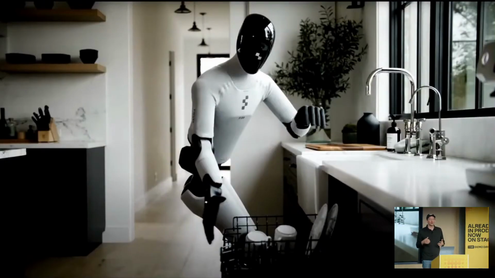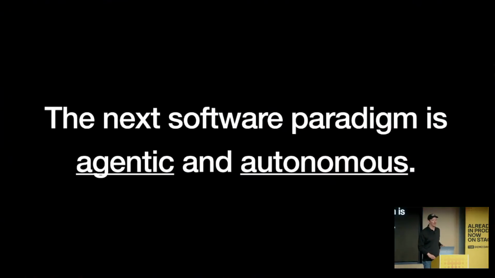A humanoid robot can open a door. It can do the dishes. It can fold your clothes. It can leverage the physical APIs we have to the world and map to the same dynamics. So actually, the human form factor is the right one for humanoid robotics to work with us. So I think these two things are coming together, where this next software paradigm, past UI, is agentic and autonomous. These two things together.